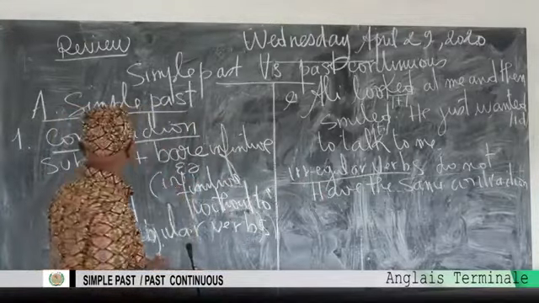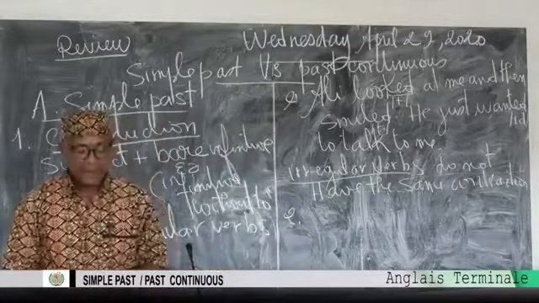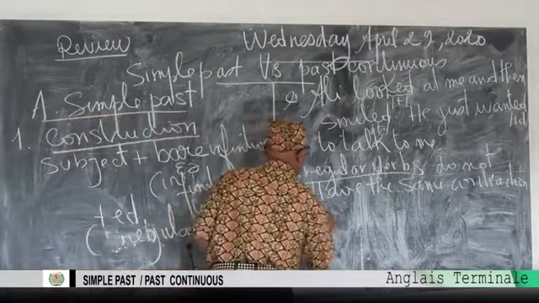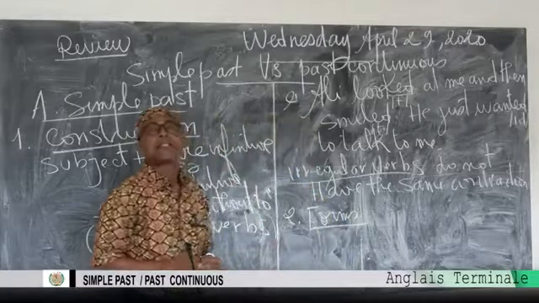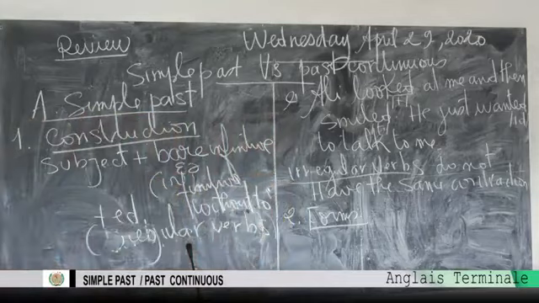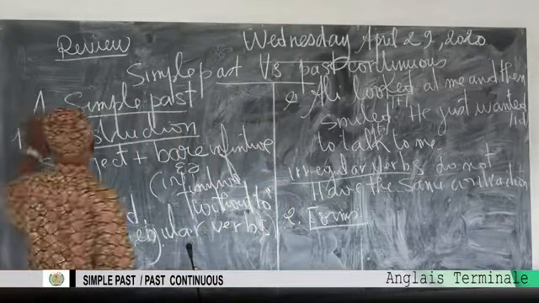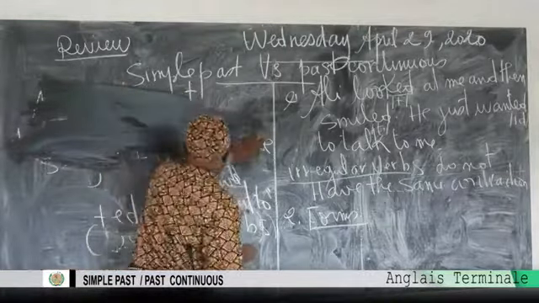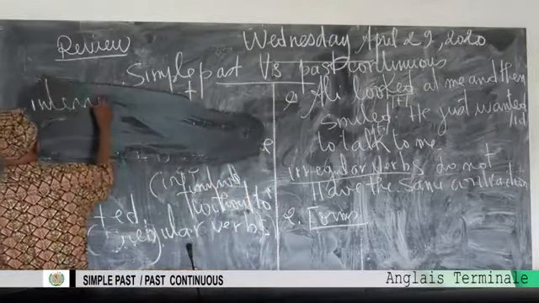Now, let's move to point 2, which is the interrogative form and the negative form. So we start with the interrogative form.